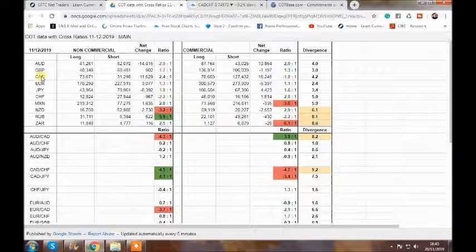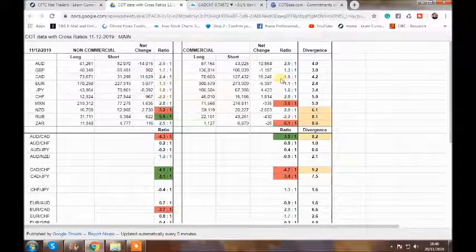But if we look at how the non-commercials view the CAD, and we noted it last month, they had a big short position in the CAD and they got rid of their short position pretty quickly and then came in long and built up long positions. At present, they're at 2.4 to 1 in terms of longs over shorts.